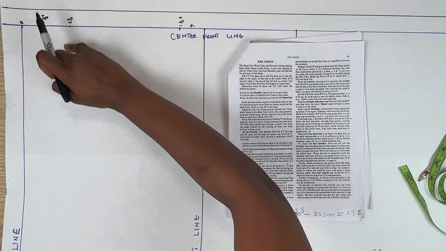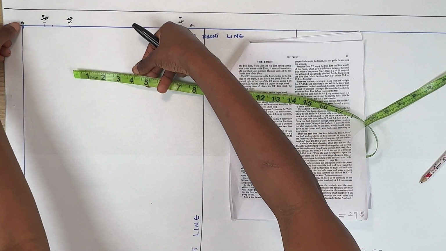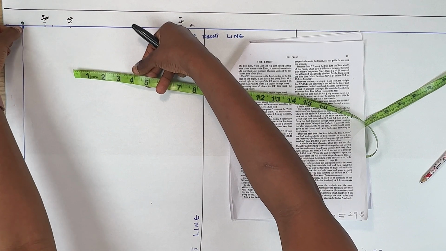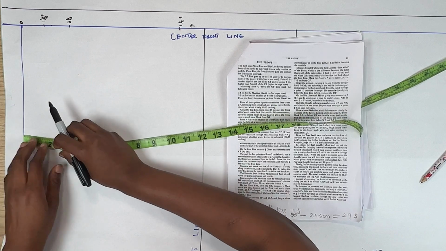We're just extending these other lines like we did in the back to about halfway across. To do this, remember how we mark here to here to make sure we have a straight line. So the first line we did was 1.5.